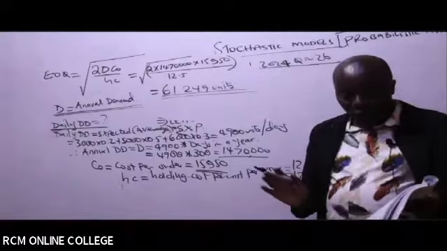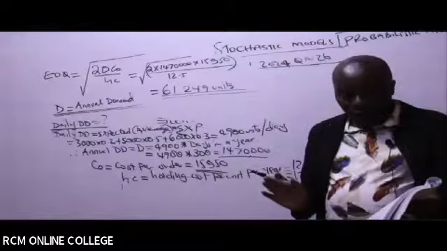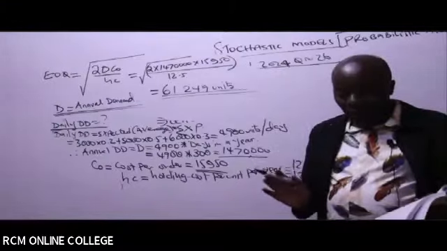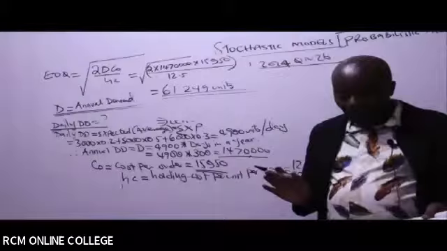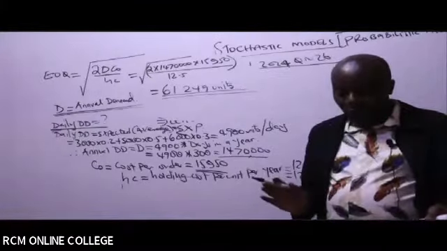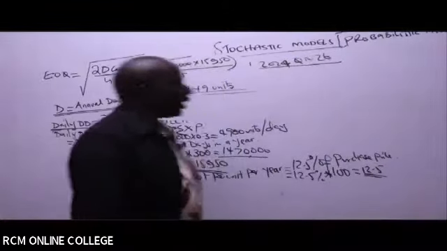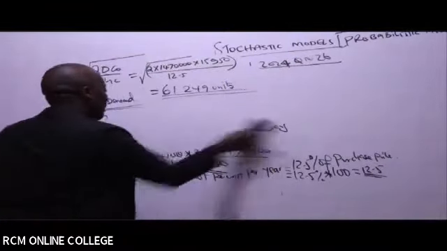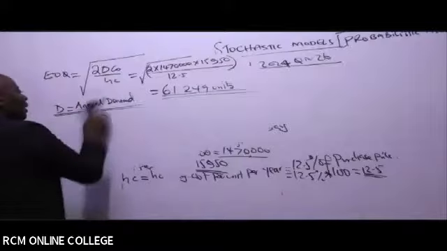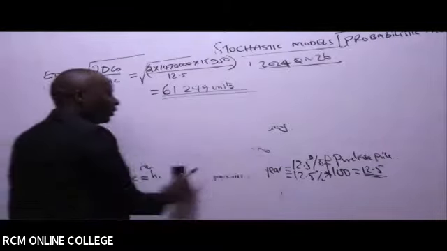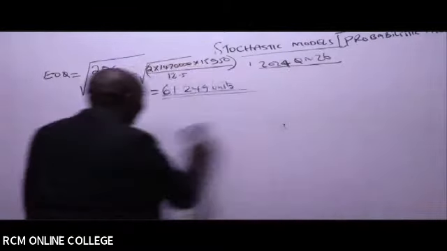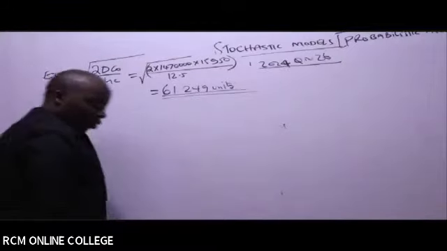So number 2, they want us to give them the relevant inventory cost for the year. Here I would want you to listen to me very well. Remember, we have what we call total cost.